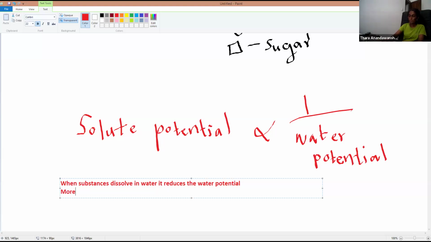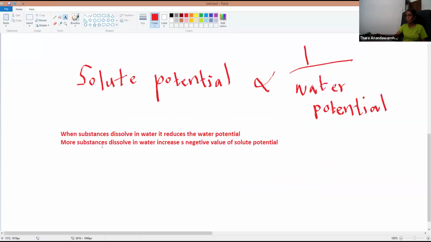More substances dissolved in water increases the negative values of solute potential. Right? Let's show it with the diagram also.